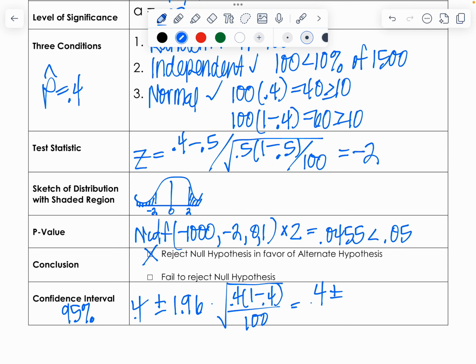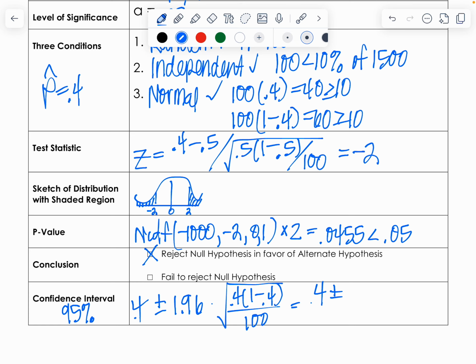Okay, so now the calculator. I'm going to find the standard deviation, multiply it by 1.96.